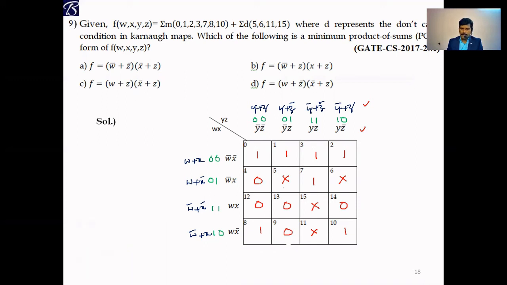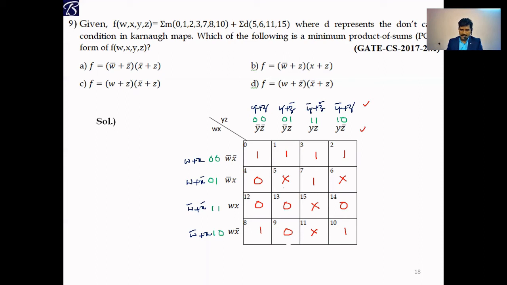Coming to the first 0, there are two quads possible, using the zeros and the don't care, so leave it for now. Coming to this 0, here also two quads are possible, presently leave it.